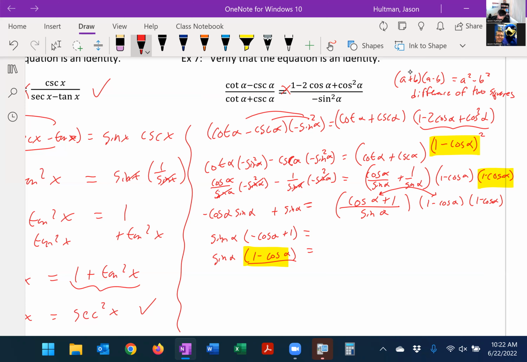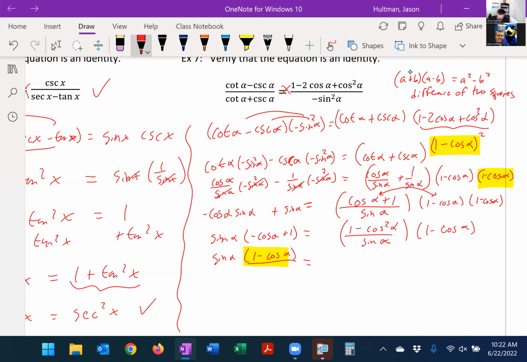And so sine alpha times 1 minus cosine alpha is going to become, on the other side, equal to 1 minus cosine squared alpha all over sine alpha, times 1 minus cosine alpha. But what is 1 minus cosine squared alpha?